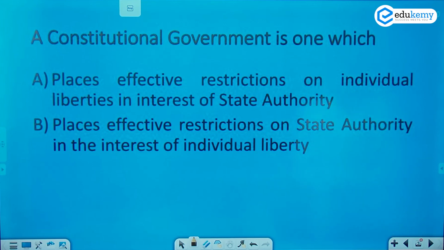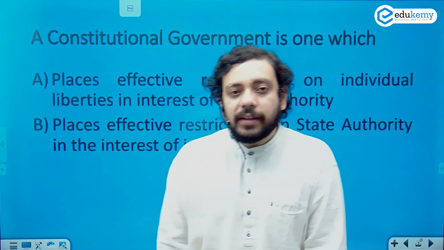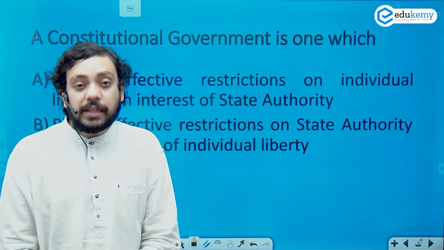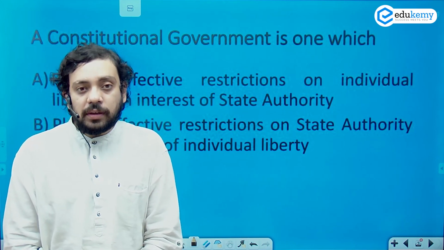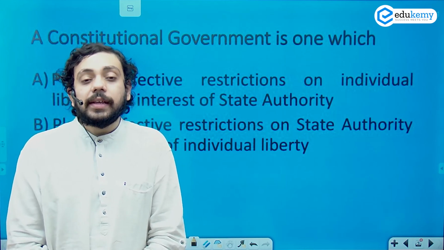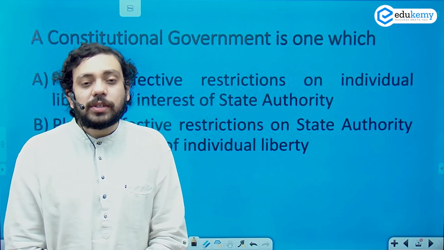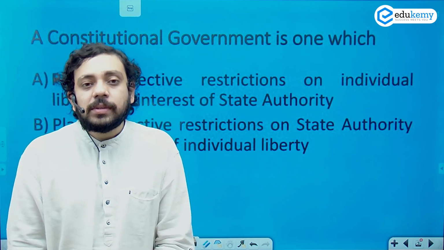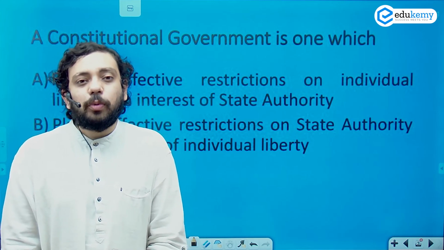Now, this is a very simple question to look at, because we have already discussed the very idea of constitution itself in our previous sessions. What we have seen is that a constitution is in principle, by definition, an action by which the authority of the political powers is limited by the rule of law, which means to say that the constitution and the laws are superior to the whims and fancies, deliberations, ideas and worldviews of a political party, right?